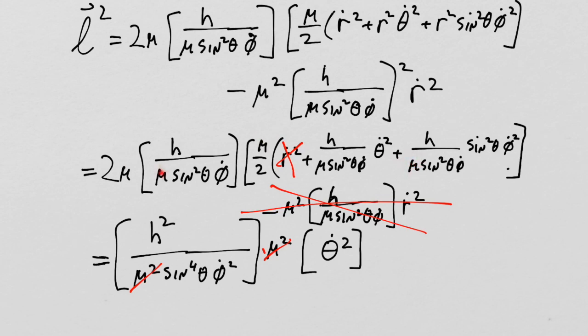And then this mu cancels with this mu, so all that's left from that one should be h over sine squared theta. Is it that simple? Really? Let me just double check. Well, it's h squared for sure. H squared over sine squared theta. All the mu's cancel. I have 2 mu up, 2 mu down. Yeah, so that's that.